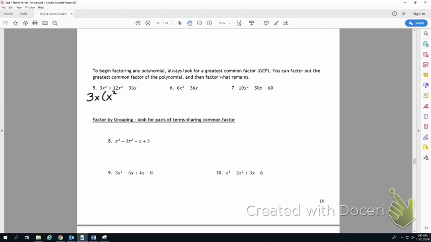So that's going to leave me with x squared plus 4x minus 12. And then you just factor it like normal. So I've got the factors of negative 12 that add up to 4. Which would that be? X plus 6 and what? X minus 2.